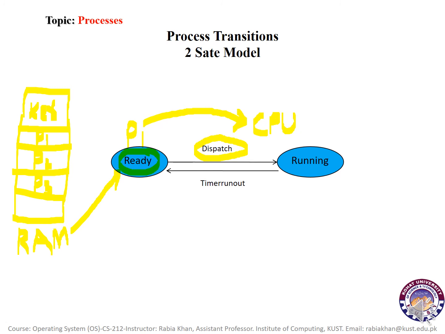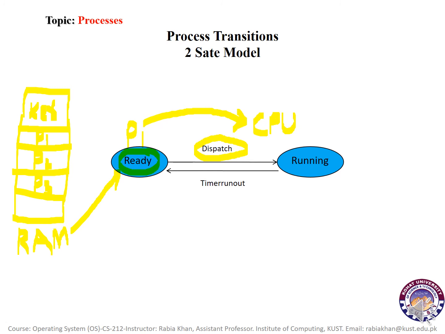You are not supposed to use this function between other states or even the reverse of running to ready. So dispatching is only performed between ready and run, when a process in the ready state has to be assigned to the CPU and its state is changed to running.